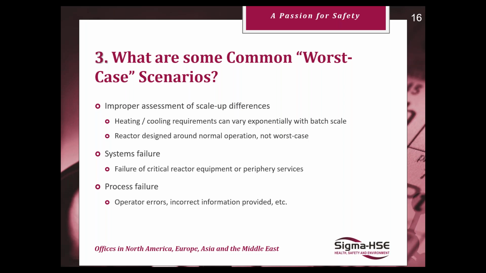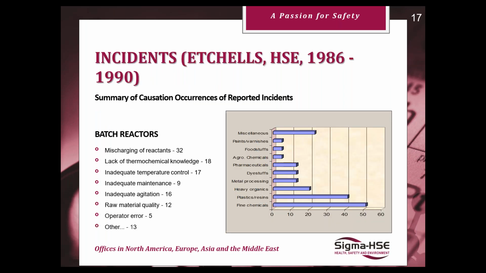You obviously have your system failure, so that could be failure of vacuum, failure of stirring, which results in accumulation. But then you also have things like operator failure or process failure, which, if you go on to the next slide, we can see some causes of failure.